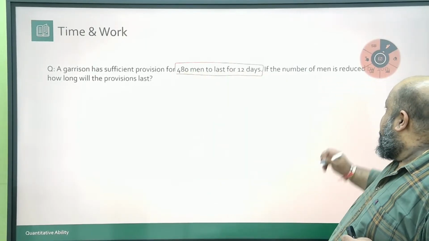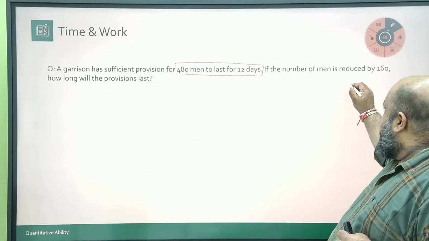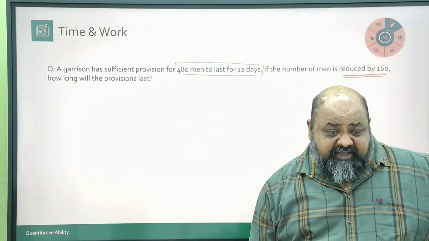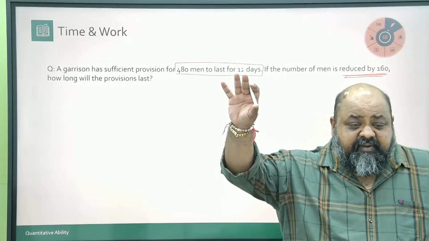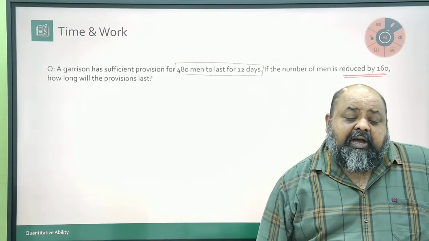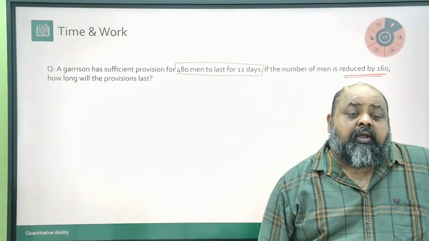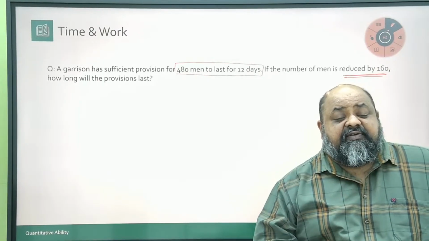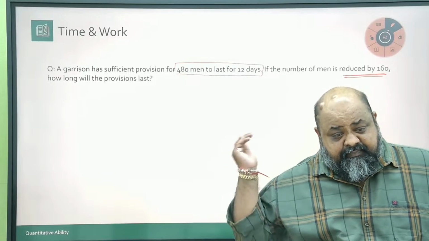If the number of men reduces by 160, not reduces to but reduces by 160. So there was a number of men, from which 160 were removed, people reduced. How long will the food last now? Because fewer people are using the provisions, the provisions will last for a longer amount of time.